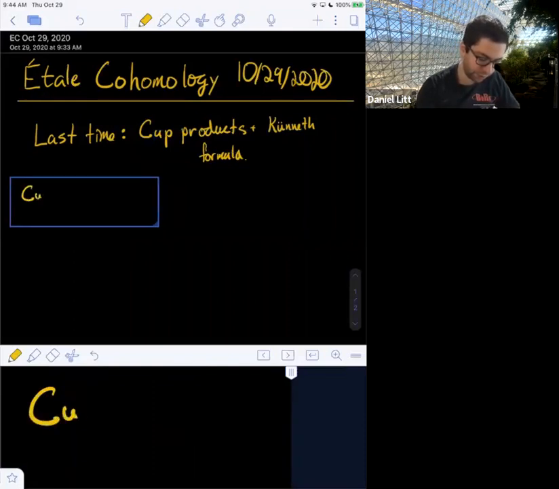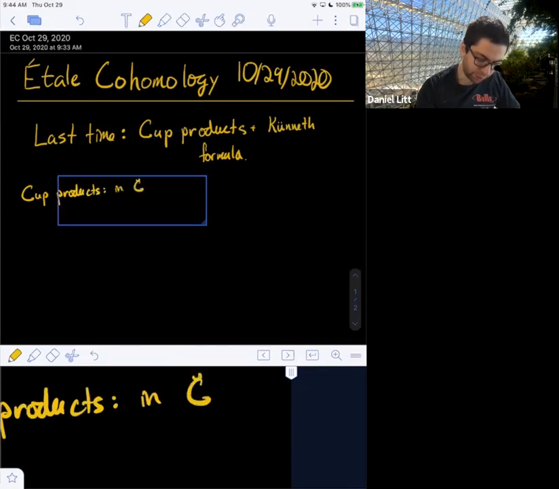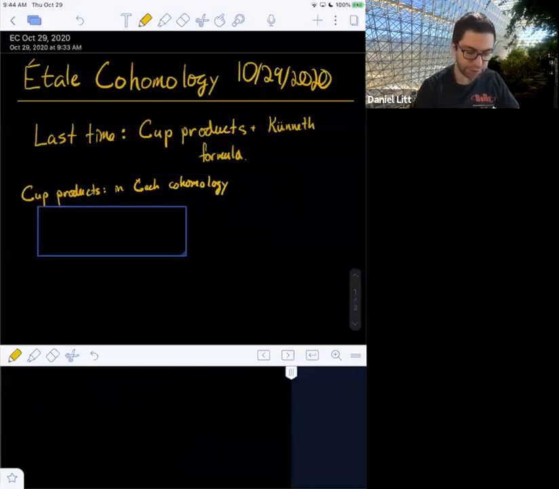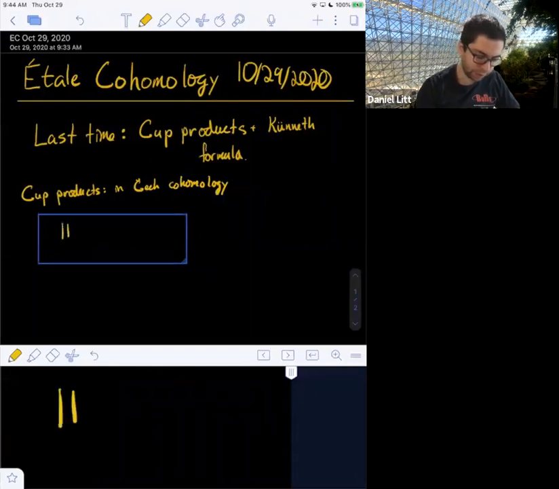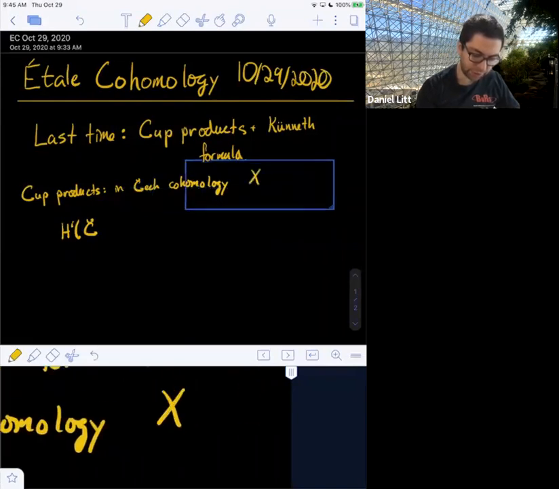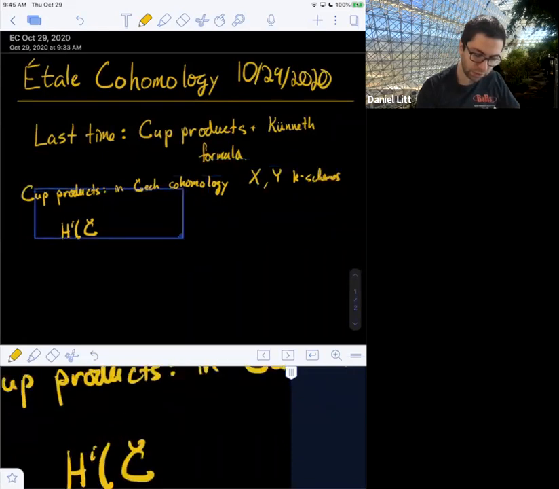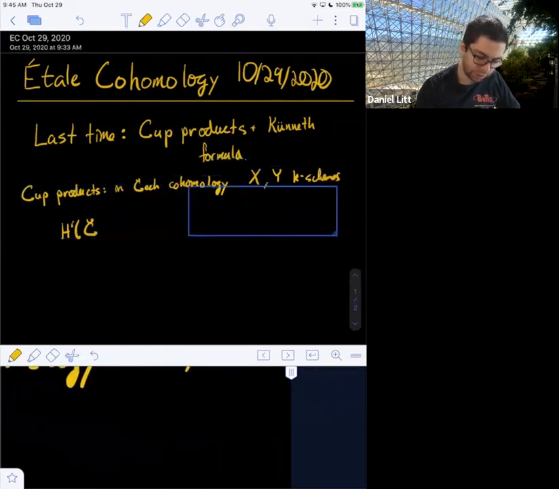So first of all, let me just remind you what cup products were in Čech cohomology. So in Čech cohomology, they're given by the following formula. So it's enough to define a product from H^i of the, here we have X and Y. Let's say our K-schemes, and F and G are constructible sheaves.